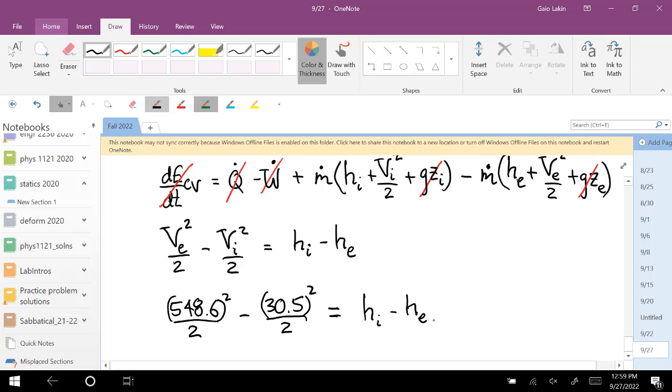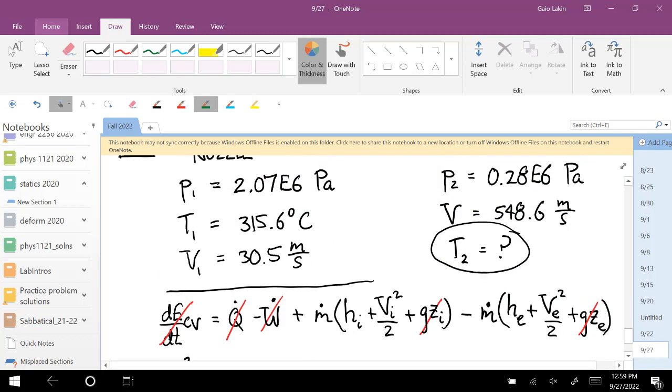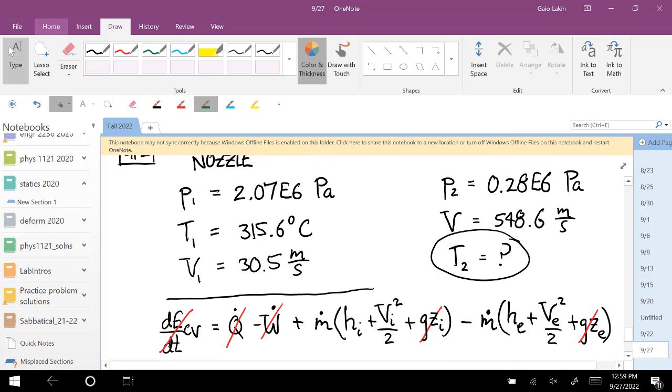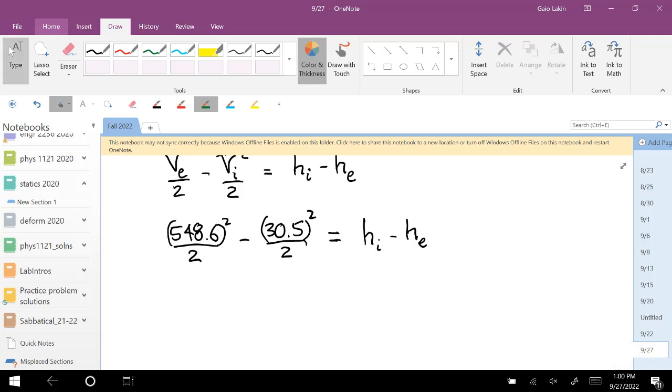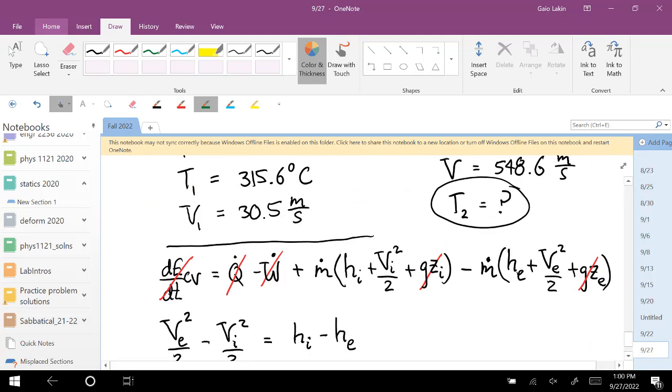Okay, so we're getting close to being able to solve for an enthalpy. If you look at the inlet, we know the pressure and the temperature for this steam, so that means we can look up the enthalpy in a steam table. That'll let us calculate the enthalpy at the exit.